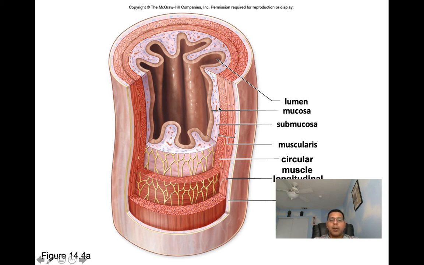And then we've got the submucosa. And then the most internal layer we can appreciate here is going to be the mucosa, all inside of here. Coming around, so mucosa, submucosa, muscularis, and then serosa.